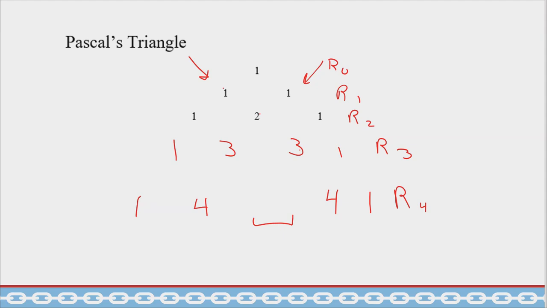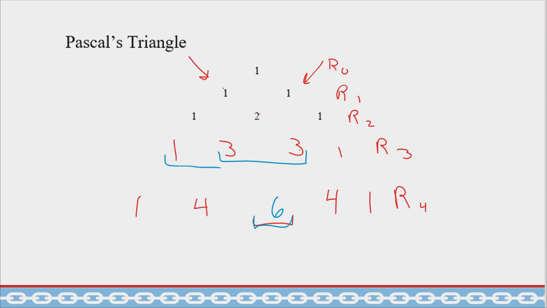Well, Pascal's triangle uses addition. It adds the two terms directly above it to produce the term below it. So to get this missing term here, we add the two terms above it, and 3 plus 3 is 6. That pattern holds all the way through.